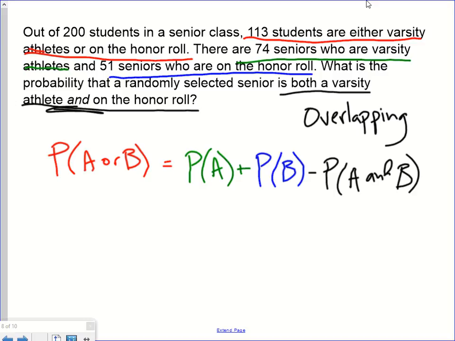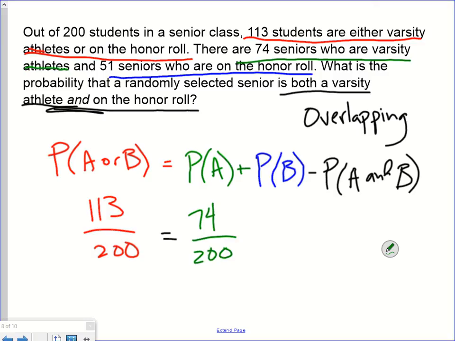So let's go ahead and just plug things in. So the 113 are either, that means that's the or, they're either A or B. So that's 113 out of how many? Out of 200. Okay, and then equals probability of A. So A is that they're a varsity athlete. We've got 74 out of how many? 200 still.